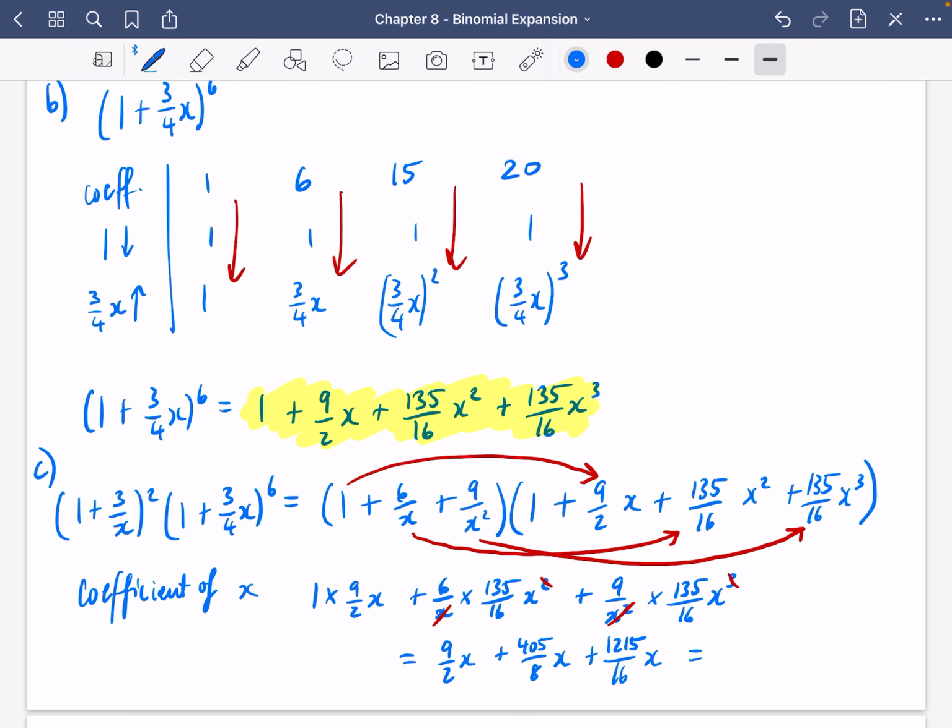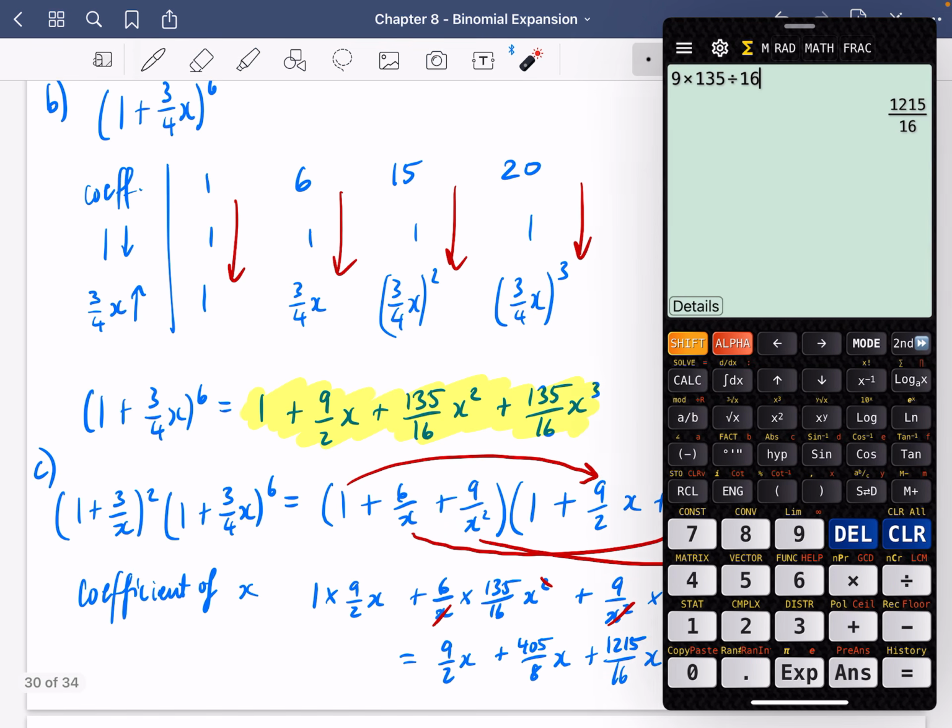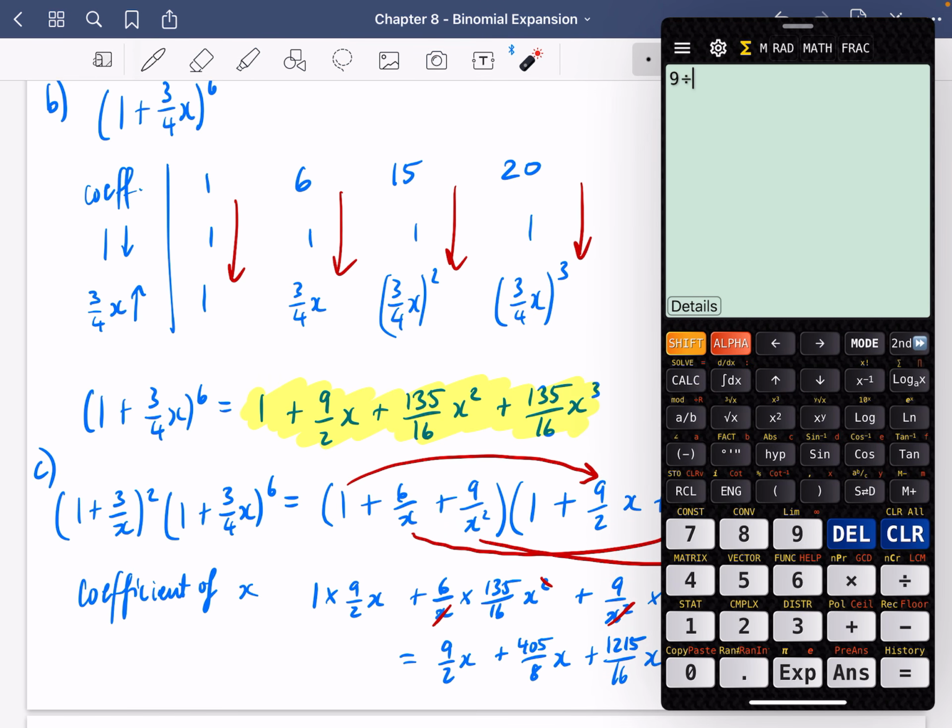All I'm now going to do is just add these three fractions together to find out what the overall coefficient of x is. So it's going to be 9 over 2 plus 405 over 8 plus 1215 over 16.